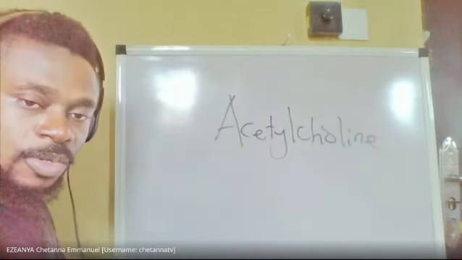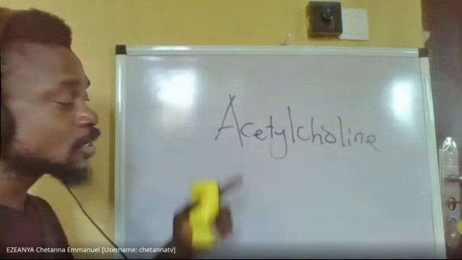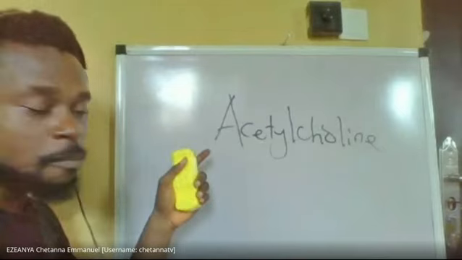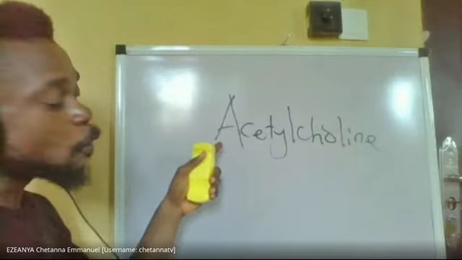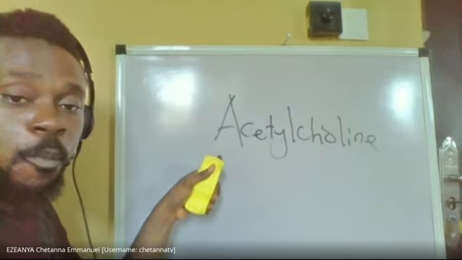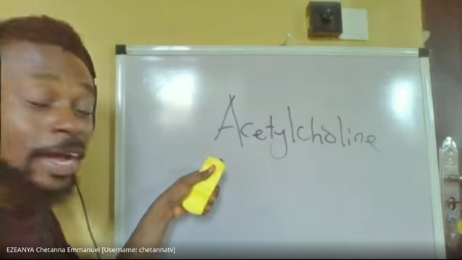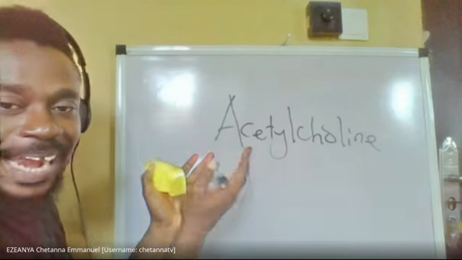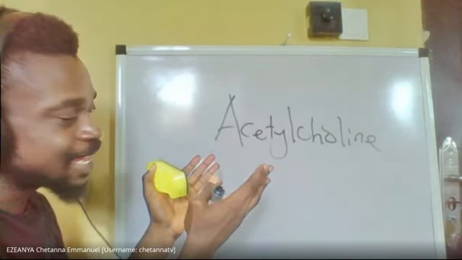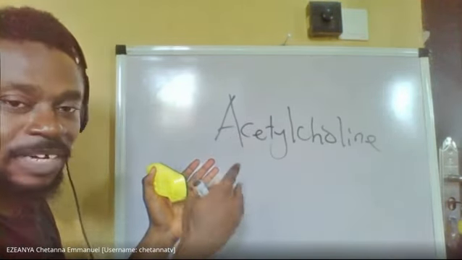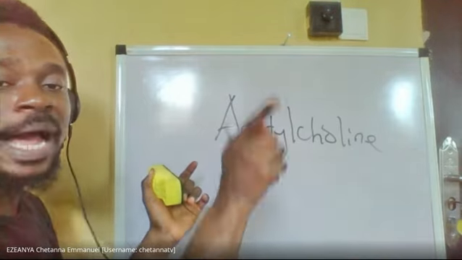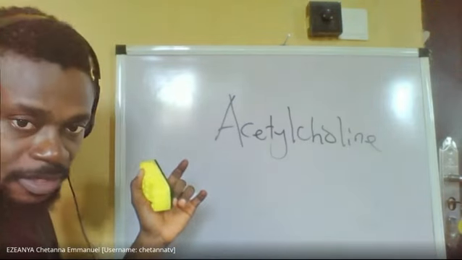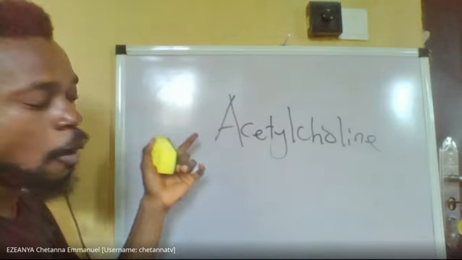So what these drugs I mentioned do is, they work by blocking competitively, because they are made to look alike, as if they are acetylcholine. Where acetylcholine is supposed to go and bind, this one will go there and block it. We call it competitive.